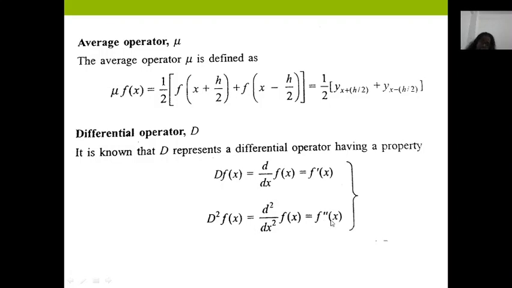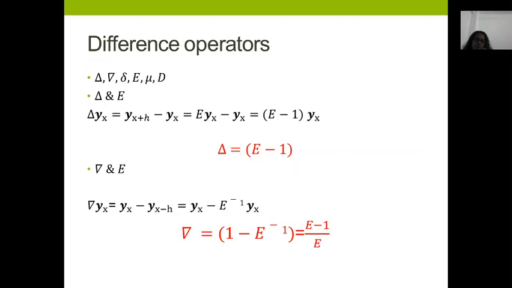So that is the differential operator. Differential operator is also a finite difference operator. So how many have we learned? First one is forward difference, backward difference, central difference, then average operator, shift operator, and differential operator. So total 6 operators we learned today.